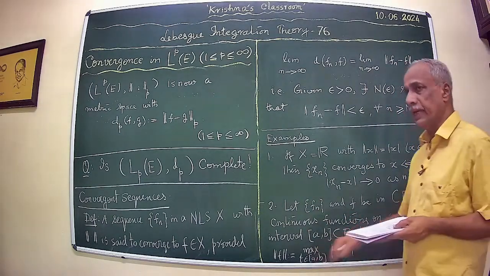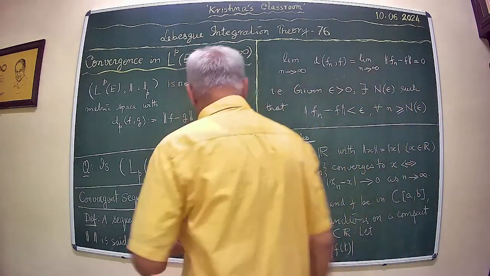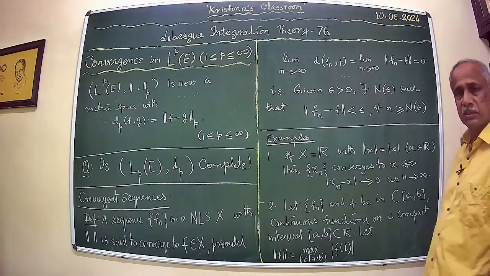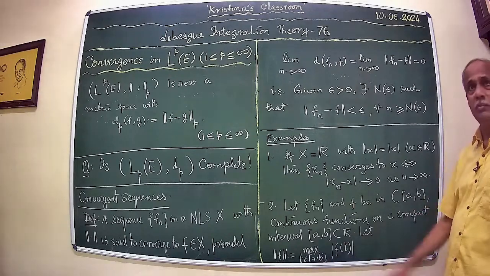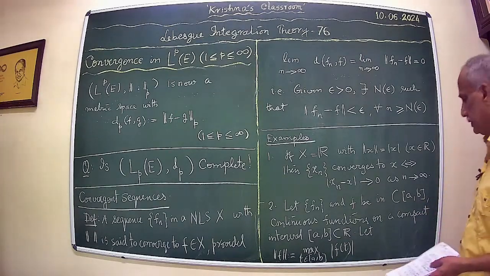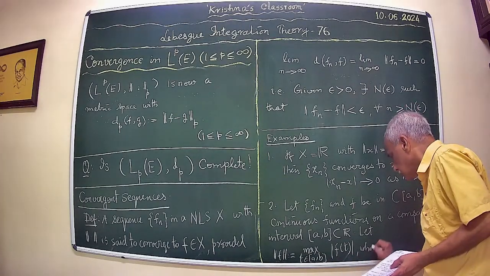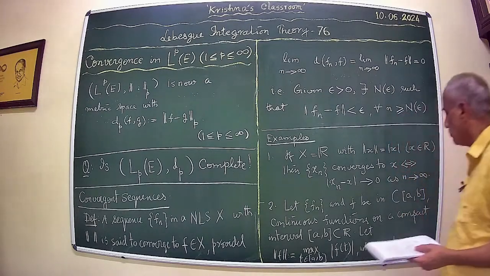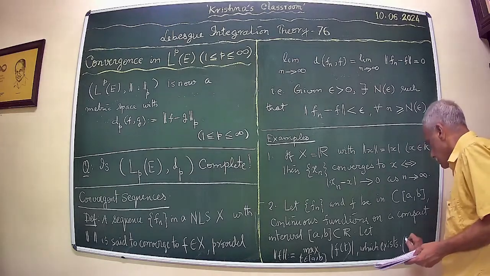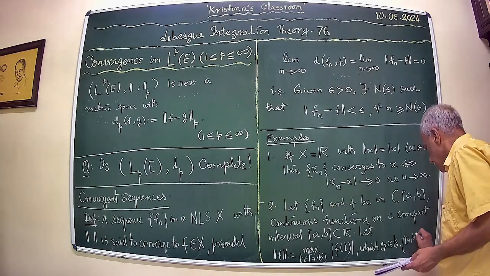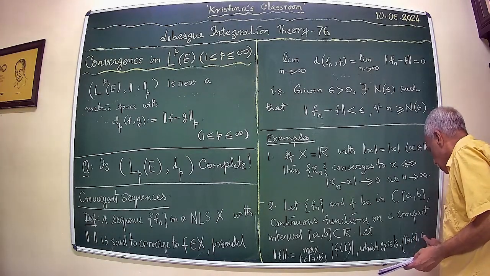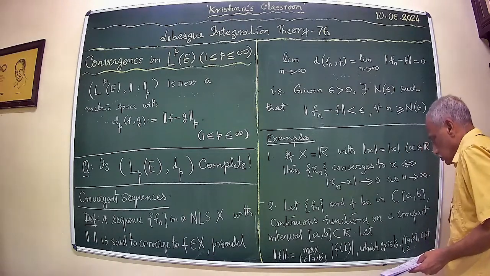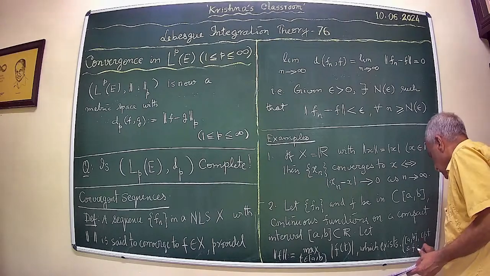Now the maximum exists because you are considering a compact interval and you are considering only continuous functions. Therefore, the maximum exists, since the interval is compact and f is continuous.